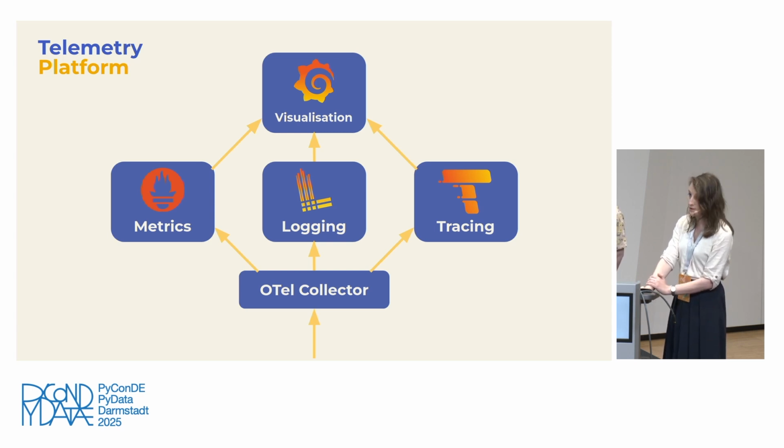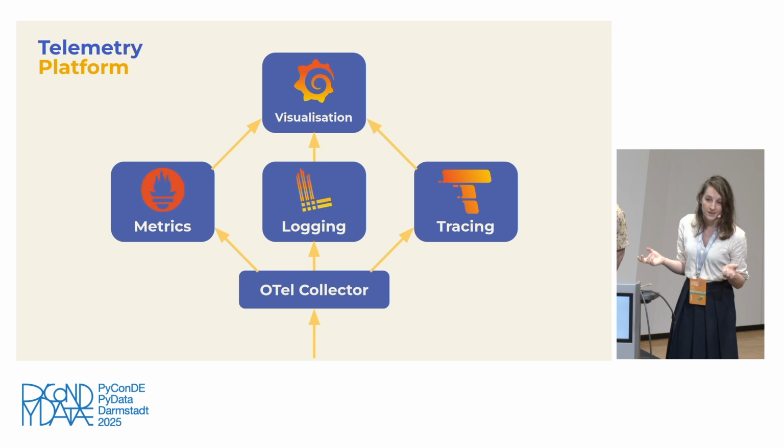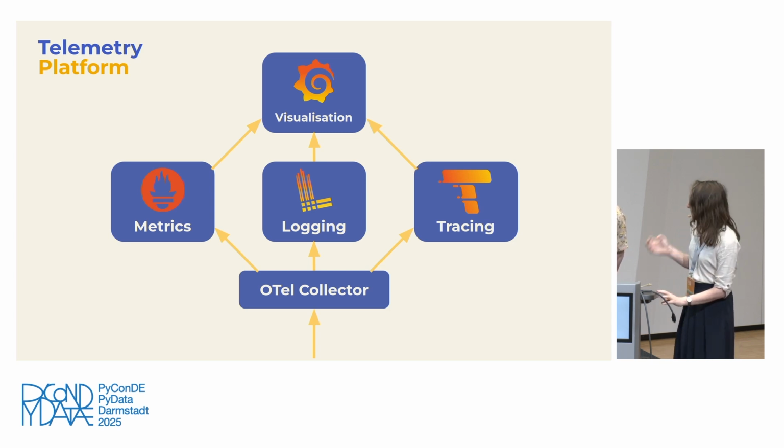For logging, we're using a service from Grafana called Loki. And for tracing, we're using a service called Tempo, also from Grafana. All three of these telemetry backend services will be set up as data sources to Grafana that we can then use initially for visualization, but then for operational dashboards, alerting, that sort of thing.